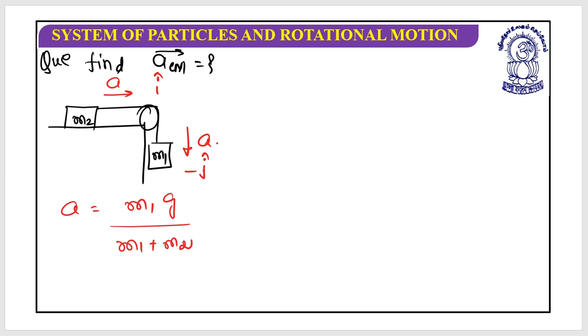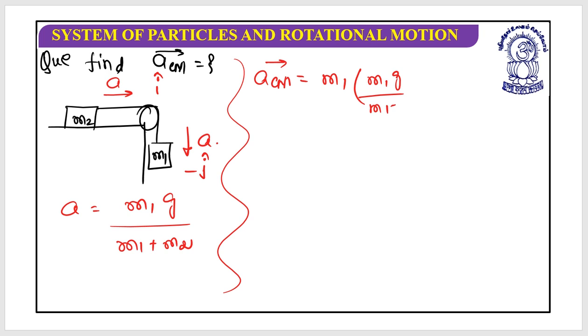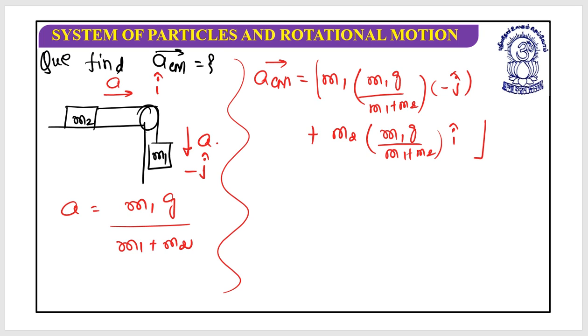So let's write down that ACM. How will you do this? It's m1 into acceleration, m1g divided by m1 plus m2 into minus j, plus m2 into m1g divided by m1 plus m2 into i cap. This is to be divided by m1 plus m2.